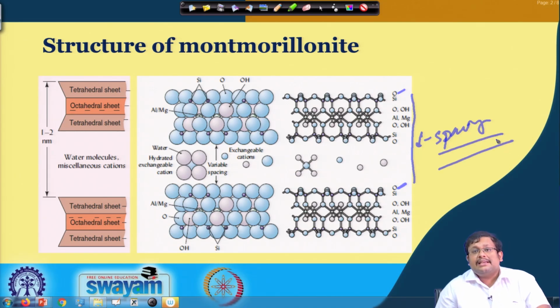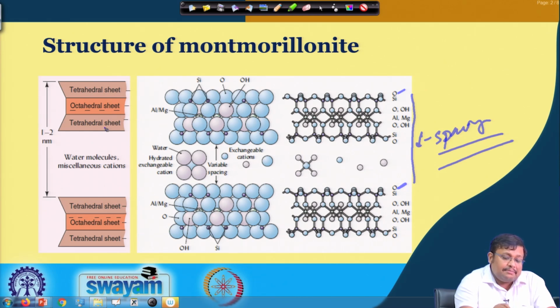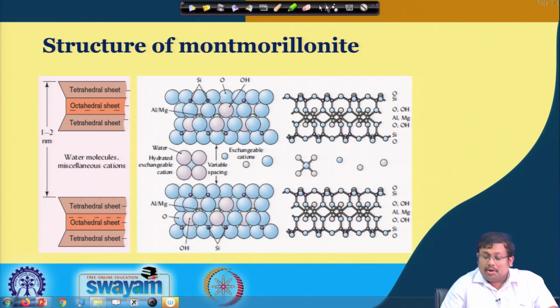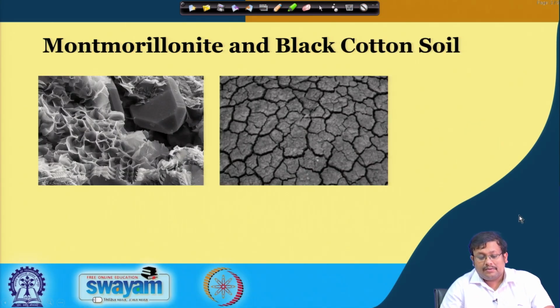Now, the d axis spacing is one of the highest in montmorillonite clay mineral among all the minerals. This is the electron microscope view of montmorillonite. You can see it is an irregular flake-like structure, and the clay in India which is mostly dominated by this type of clay mineral is the black cotton soil, which you can see in the peninsular region, especially in Maharashtra.